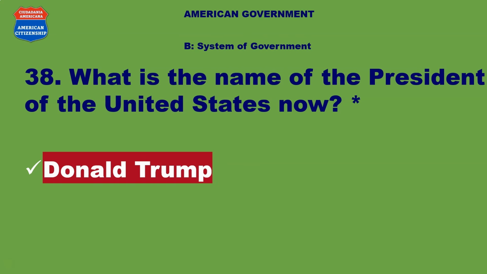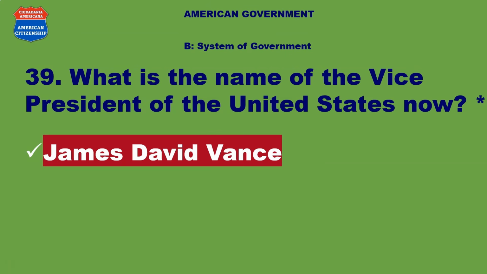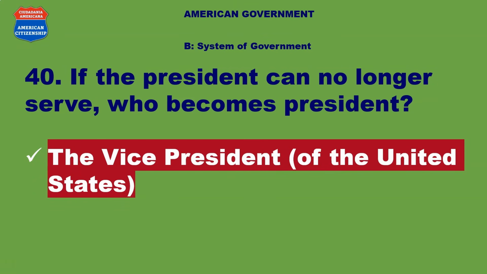Donald Trump. What is the name of the Vice President of the United States now? James David Vance. If the President can no longer serve, who becomes President? The Vice President of the United States.